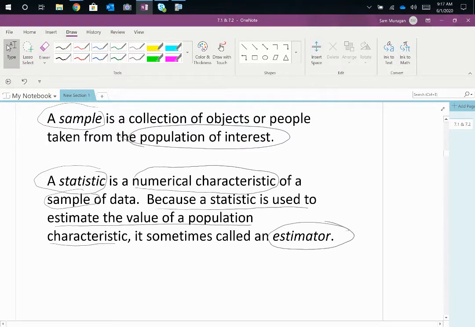Now, we have to be really careful that the 20,000 that we take out is actually representative of the population, and we didn't pull it from, say, the western United States or the eastern United States, and that we pulled it from all over the United States to get a representative sample.